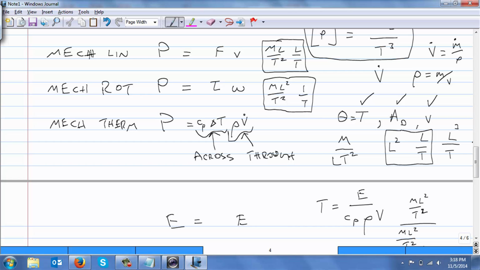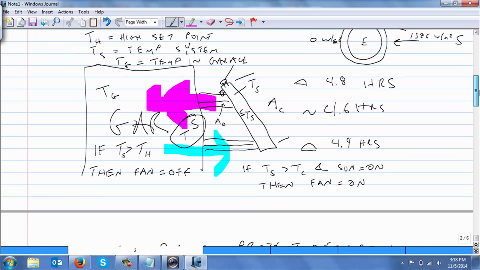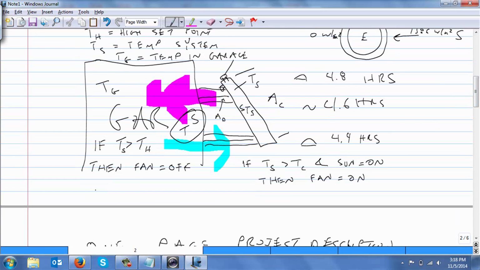So that should be pretty clear, because what you can see now is you're going to know that delta T. What the heck is delta T? From our power equation, delta T equals the temperature in the garage minus the temperature in the system, or vice versa.